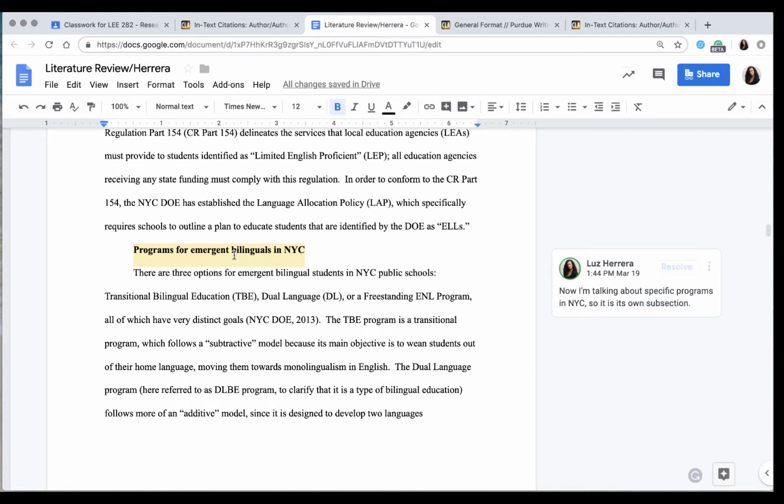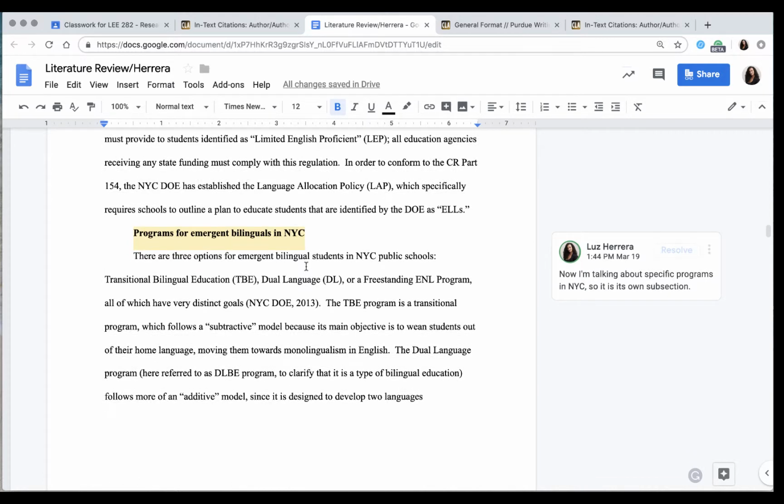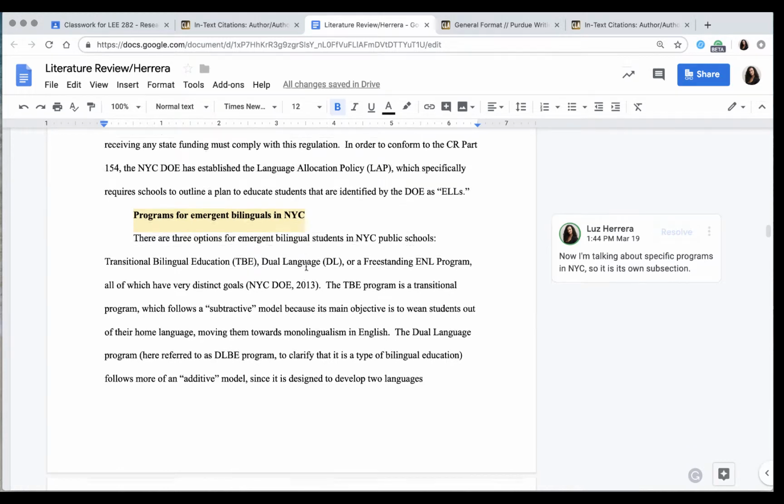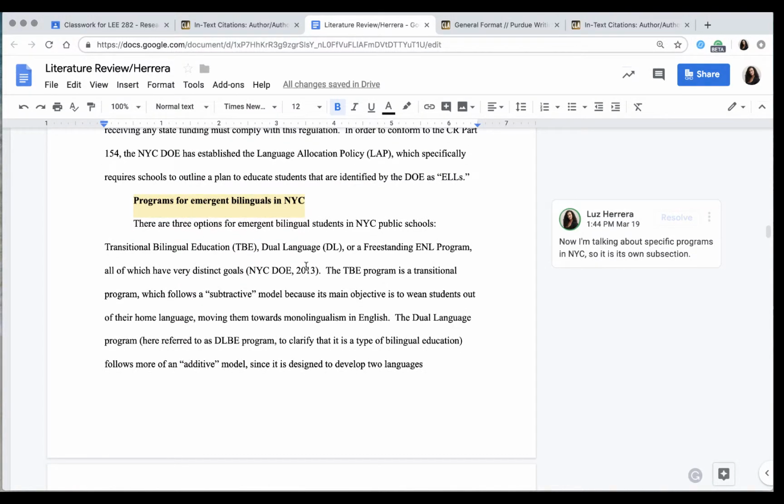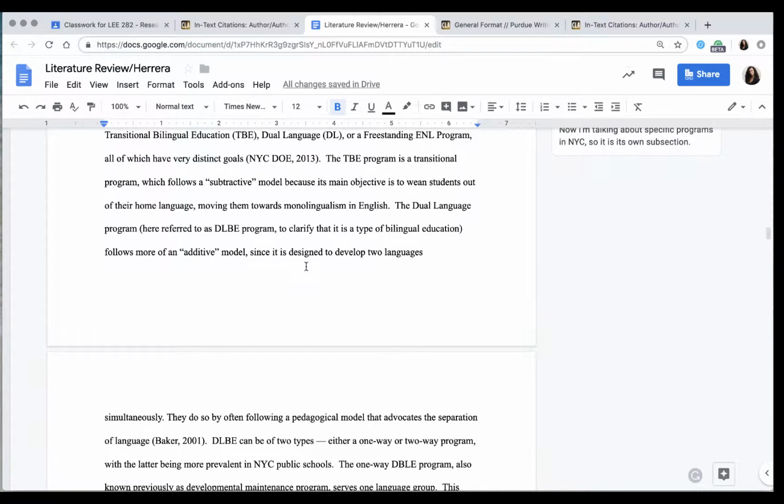All right, and then I talked specifically about the programs for EBL students in New York City. So New York is a state, New York City is a totally different area, right? So New York City specifically has specific programs for EBLs that maybe are not established in the whole state. So that had its specific subsection.